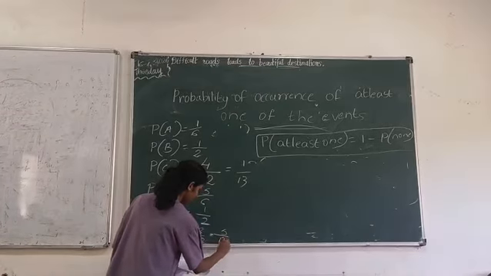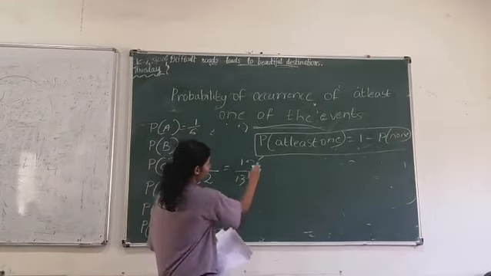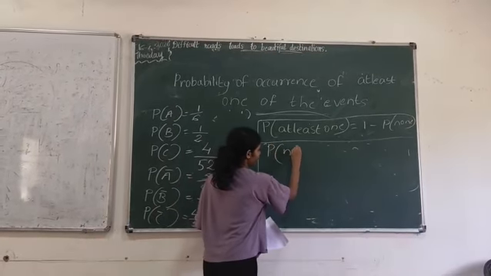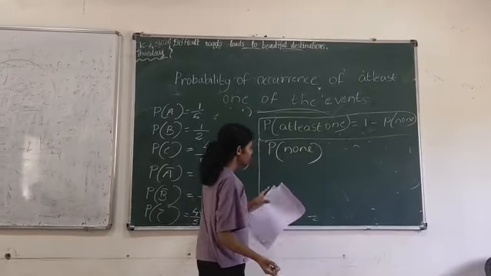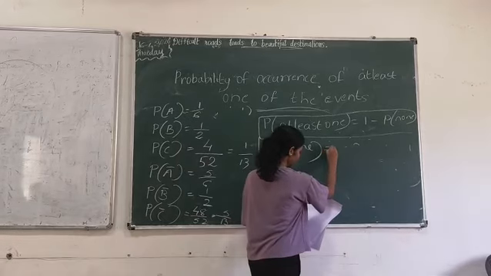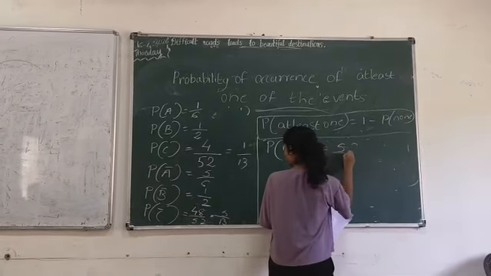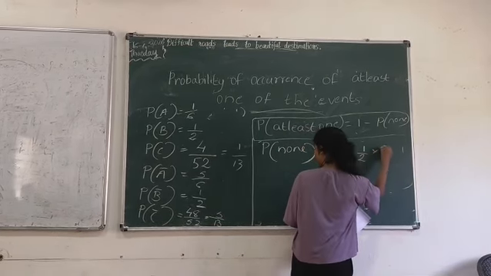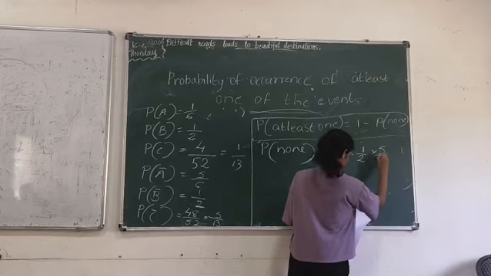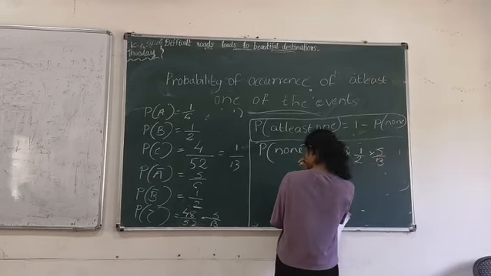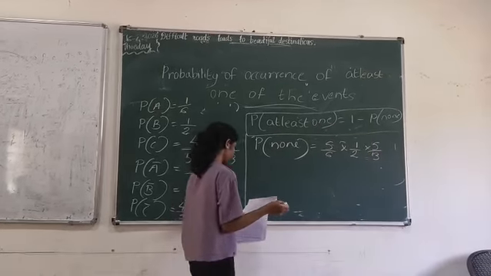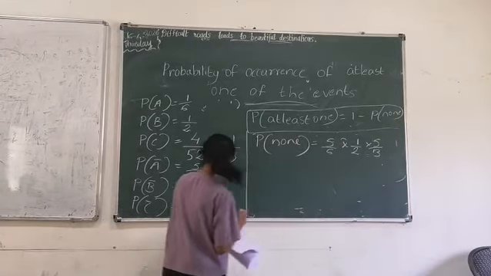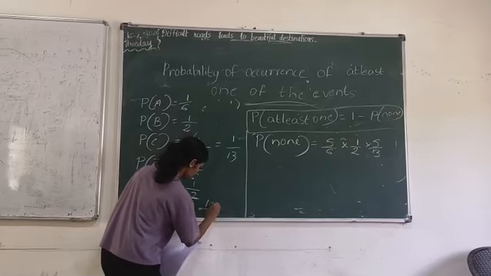That will be equal to 12 by 13. And now we are finding probability of not getting success in any of the situations. That is, probability of none is equal to 5 by 6 into 1 by 2 into 12 by 13.